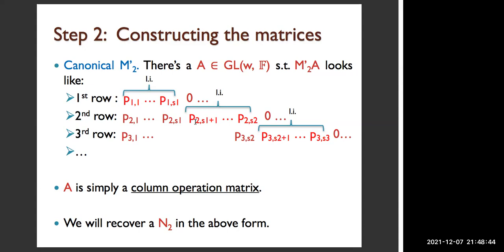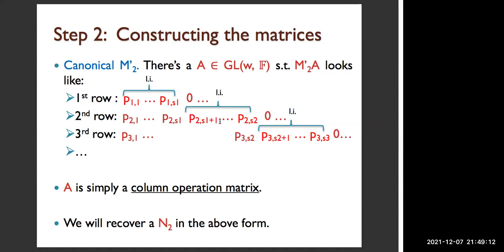Once I do this, I move on to the second row, and I can't do much with these here. The red polynomials mean they're linearly independent. So then I can ensure that the next chunk P2S1 plus 1 to P2S2 are linearly independent, again by multiplying M2 prime to the right by another invertible matrix. So I can keep doing this.